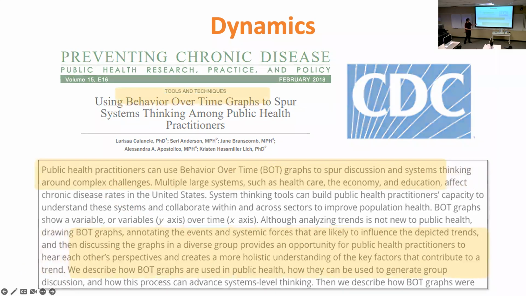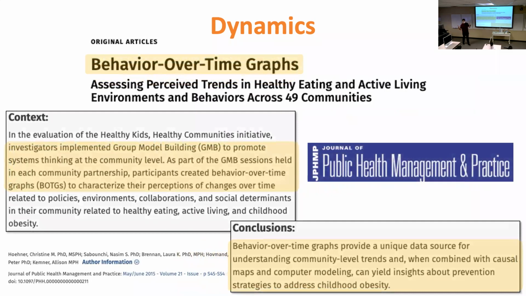And I think they also talk about how it helps bring participants together. This is a different sort of paper where they talked about doing group model building. They talk about how these behavior over time graphs help them share ideas and experience across disparate groups that might have different things to bring to the table about a particular discussion.